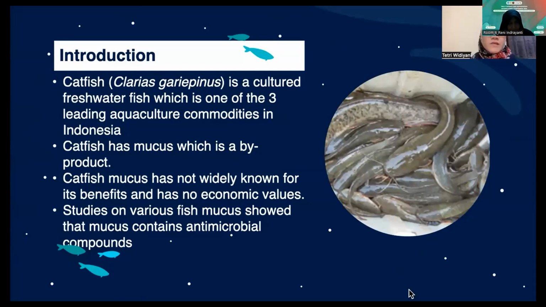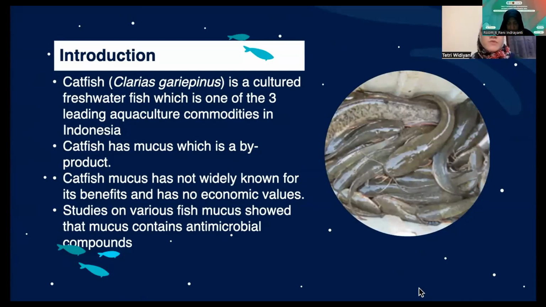Based on data from the Indonesian Ministry of Maritime Affairs and Fisheries, in 2015 catfish production reached 1.8 million tons, an increase of more than 100% from the previous years. In general, we consume catfish in the flesh part.